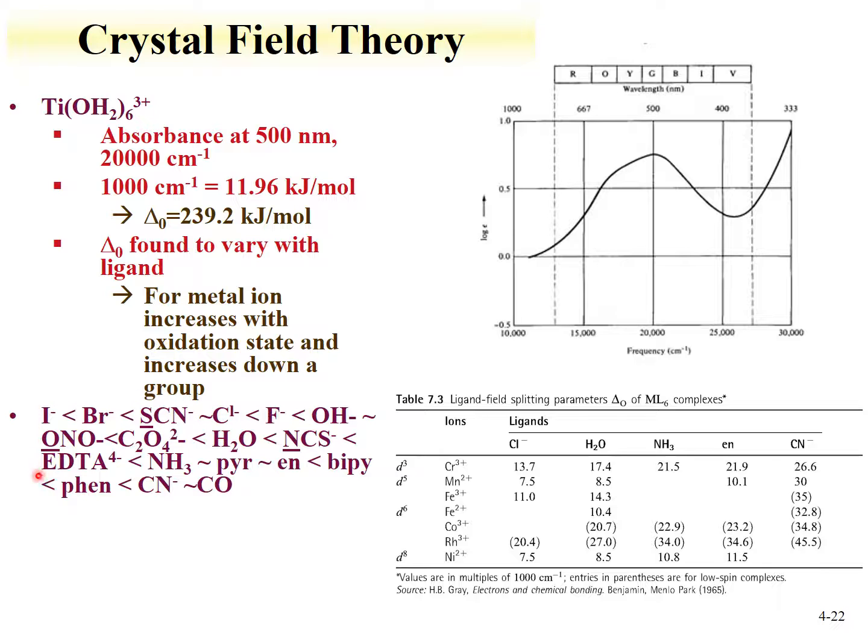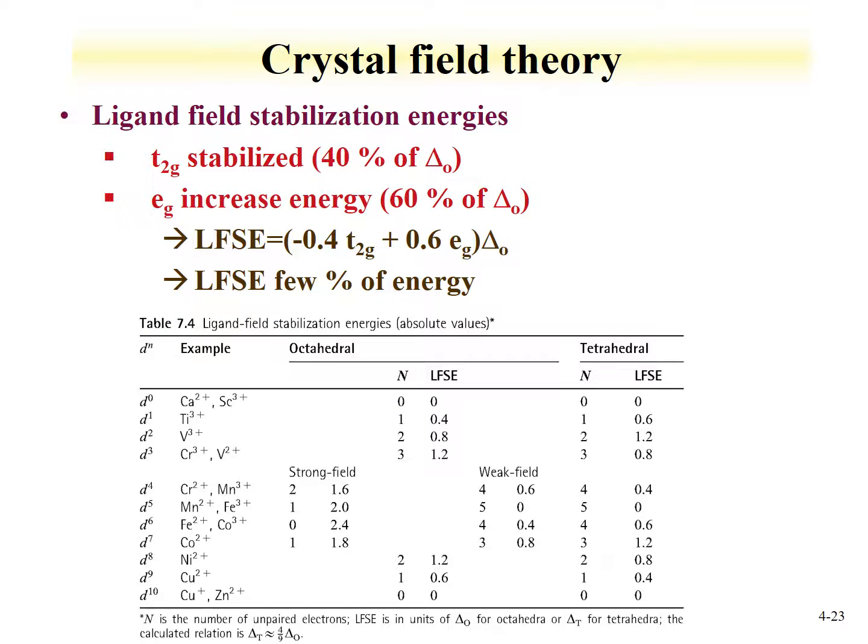There are some trends that are observed from changes of the ligand, and here are some ligand field splitting parameters for some metal L6 complexes where we have different ligands and different metal ions filling from d3 to d8 electrons. The ligand field stabilization energy can actually be evaluated from this field parameter, and we see that the T2g stabilizes the field where the eg increases the field.